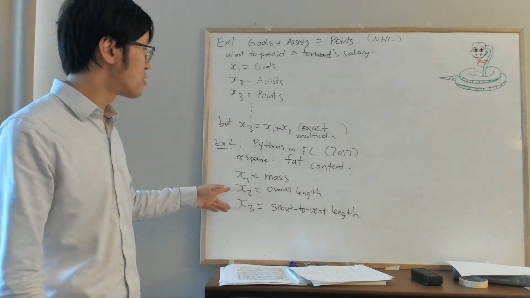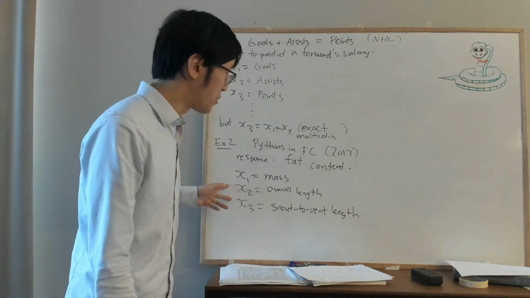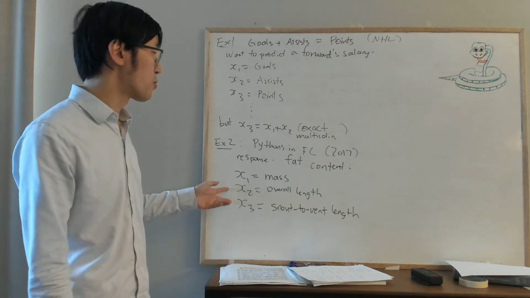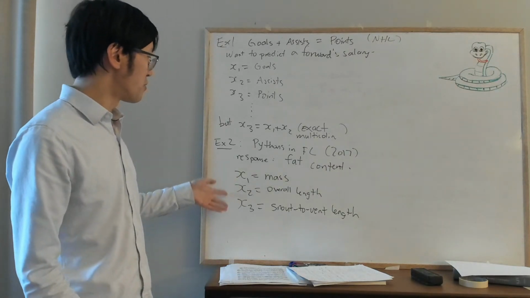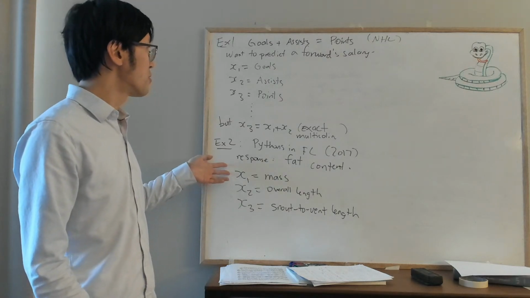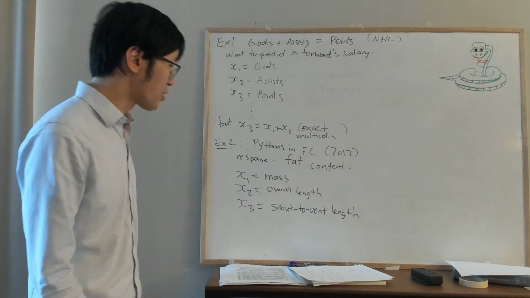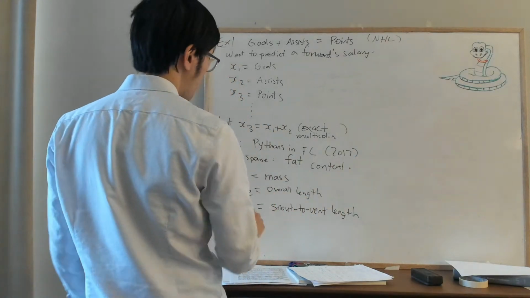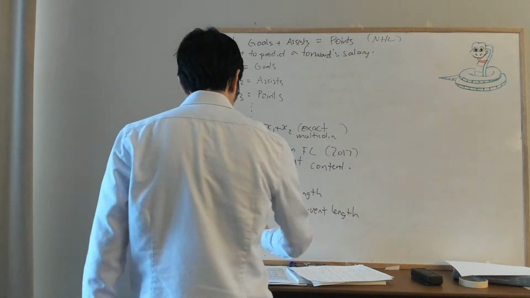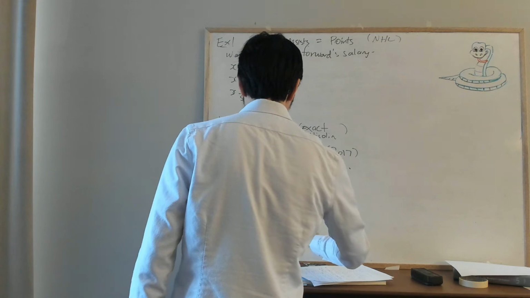And then the relationship between these two measurements of length are also, in fact, highly correlated. So there's not any exact linear relationship among these, but it turns out that x2 and x3 in particular are highly correlated.